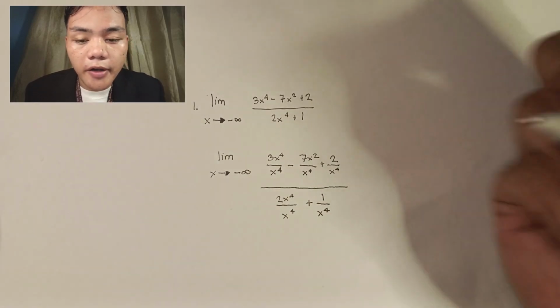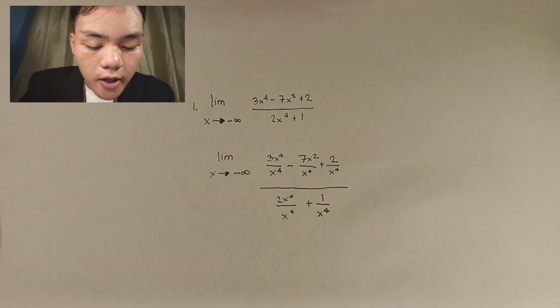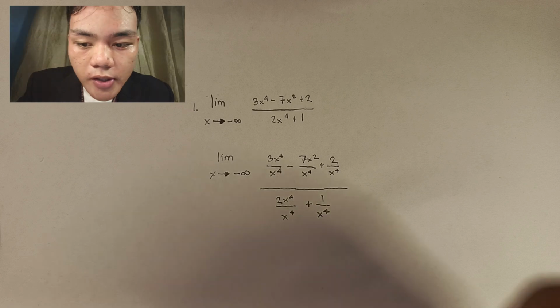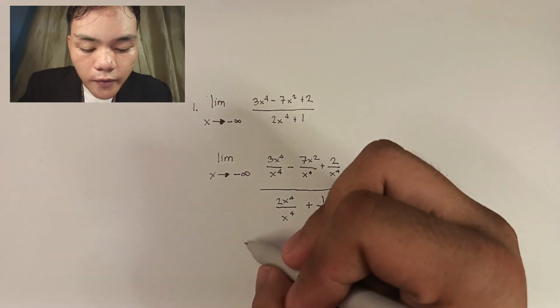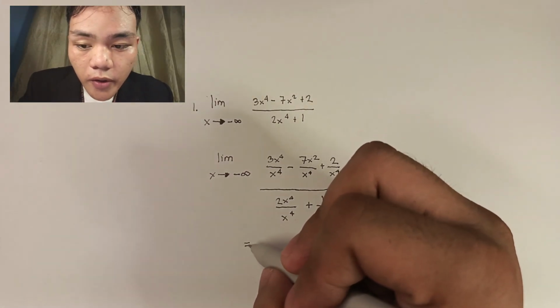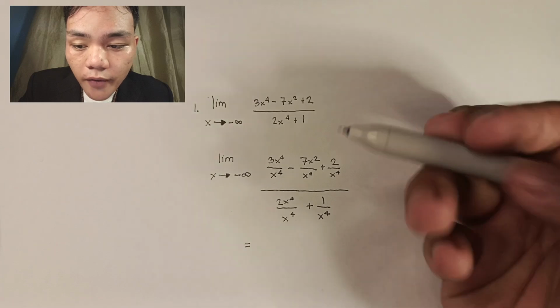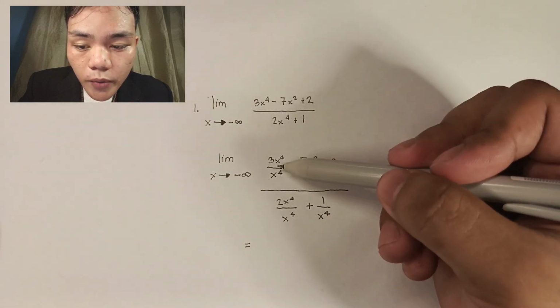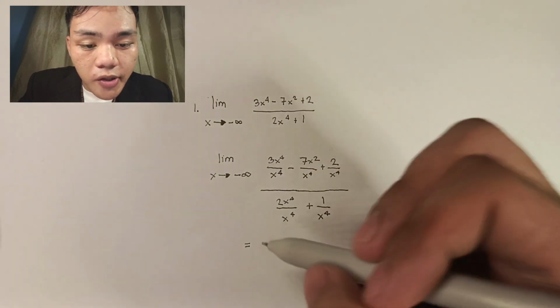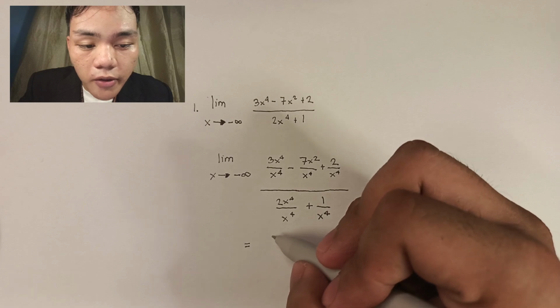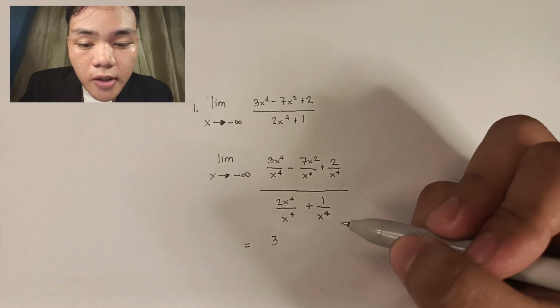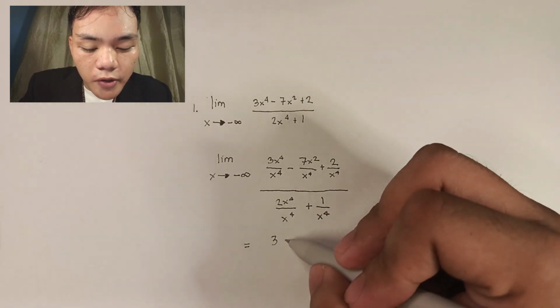Then we'll find the answer. As we know, to find the answer, we need to use the guidelines. Guideline number 2: if the degree of the numerator is equal to the degree of the denominator, then the limit of the rational function is the ratio of the leading coefficients.